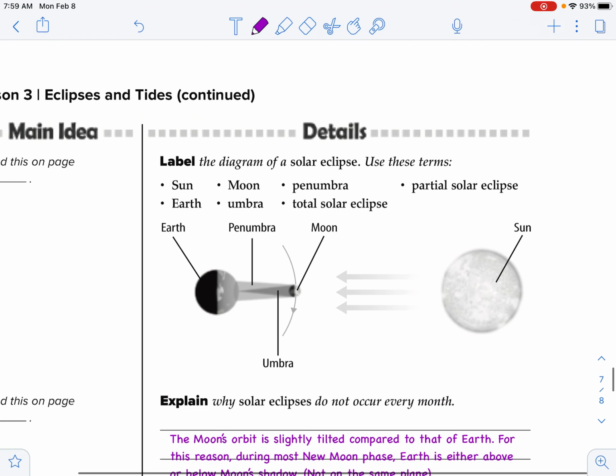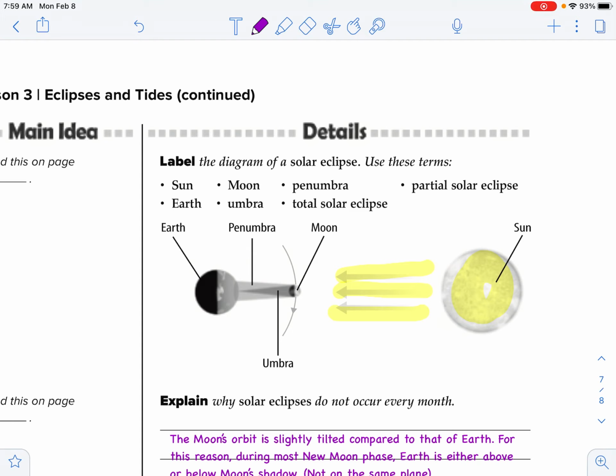All right, so with this right here, label the diagram of a solar eclipse, use these terms. Most of these are already labeled for us. We've got the sun here, and the sun's rays are going this direction. We have a moon, we have our earth, we have the penumbra, which is the lighter part of the shadow, and the umbra, which is the darker part of the shadow.